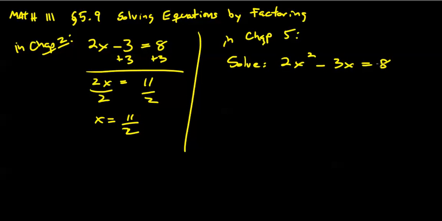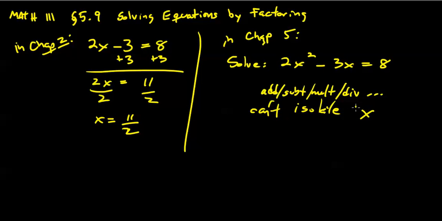If we try to add or subtract or multiply or divide both sides of the equation by whatever elements we choose, we can't isolate x on one side of the equation because x squared and x are unlike terms. X squared is a degree 2 term and 3x is a degree 1 term. So no matter how hard we try, we can't combine them, hence we can't isolate x on one side of the equation. Alright, so what do we do in this type of situation?